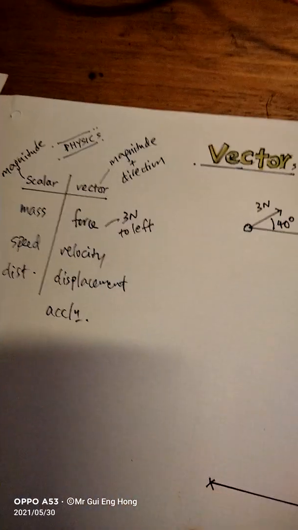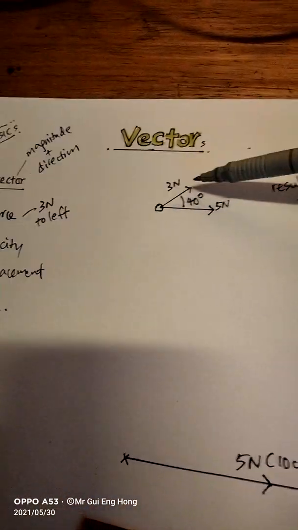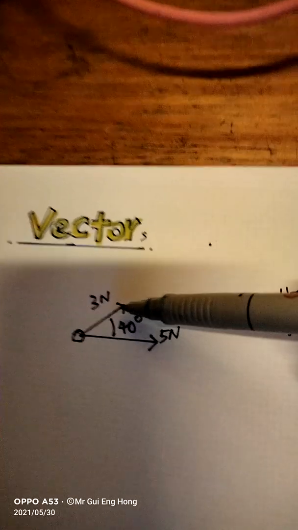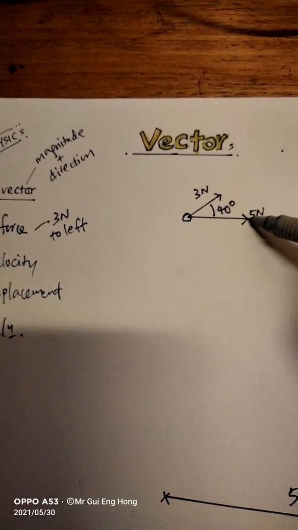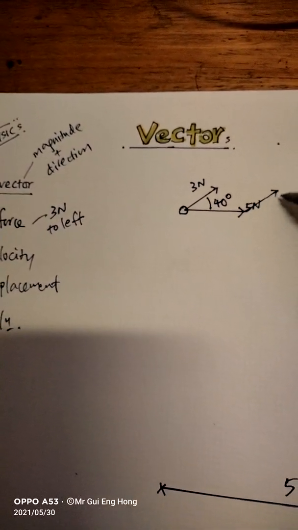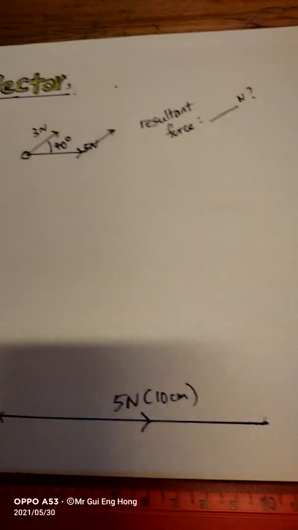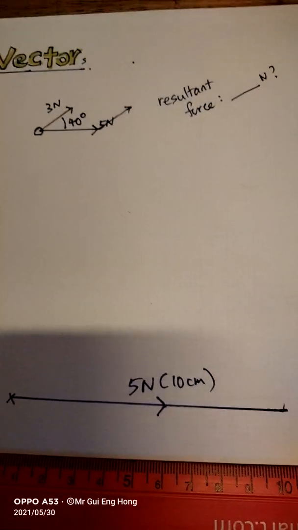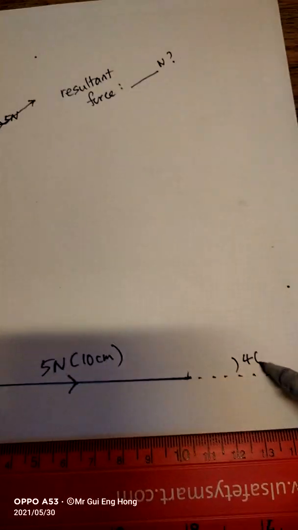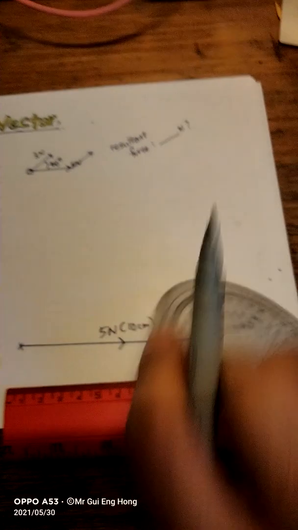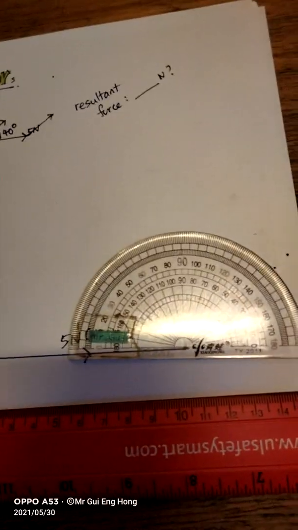Now what about the 3 Newton? The common mistake is the students join the arrowhead to the arrowhead. So do not join arrowhead to arrowhead, which means that during drawing we need to shift the 3 Newton over to here. At 40 degrees, the angle must remain the same. I've pre-drawn here at 40 degrees. You need to use a protractor to measure exactly 40 degrees.